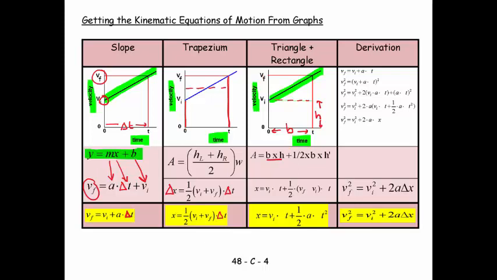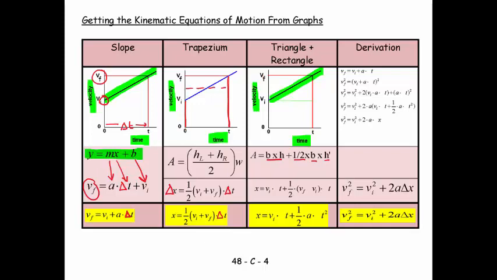And for the triangle, it's 1/2 the base times the height. It's the same base, of course, but it's a different height. Okay, so we have our basic equation. Let's clean this up so we can actually express it in terms of the kinematics that we're interested in.